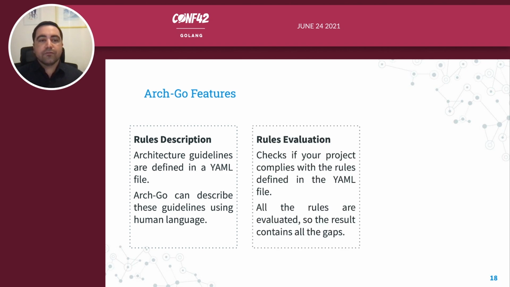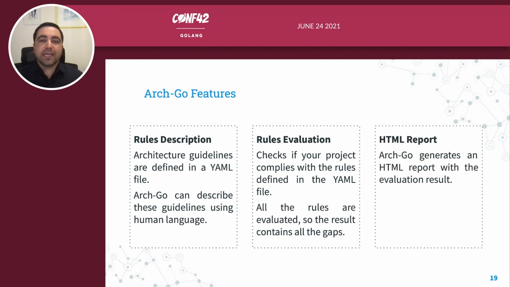The second feature is the core feature of ArcGo, the rules evaluation. It checks if our project complies with all of the architectural guidelines described in this YAML file. And finally, the HTML report. It creates an HTML report with the result of all the evaluation process.